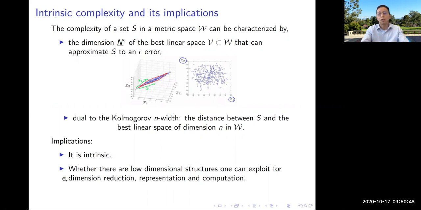So it tells you what approaches you should use. If it has a low-dimensional structure and the problem is complicated, maybe instead of using an a priori given basis, like wavelet, Fourier, or finite element, you may want to use a problem-specific basis to reduce the dimension of the problem.